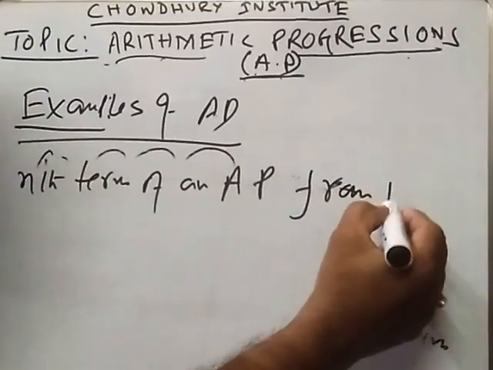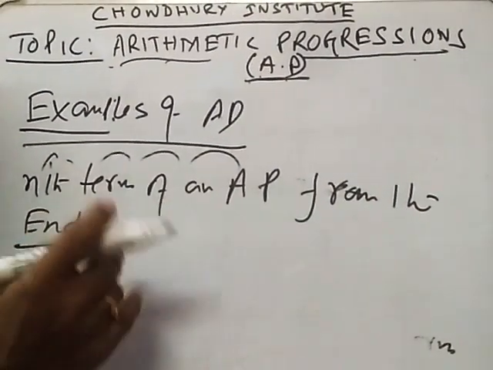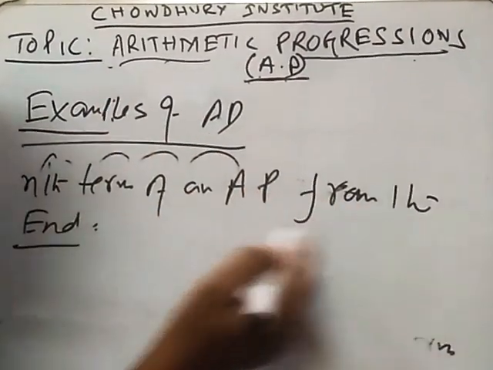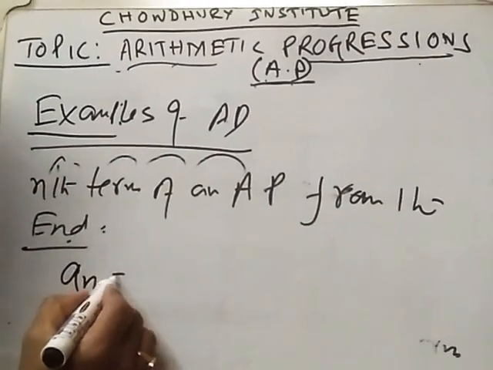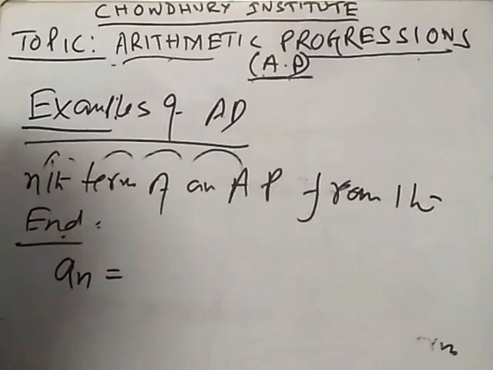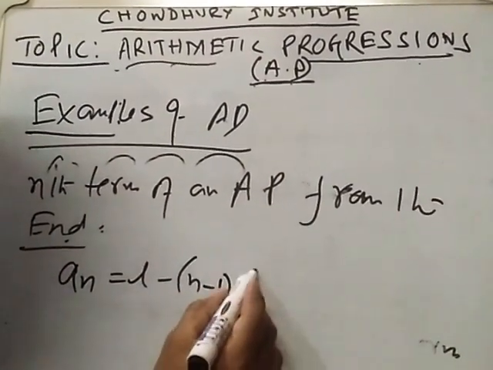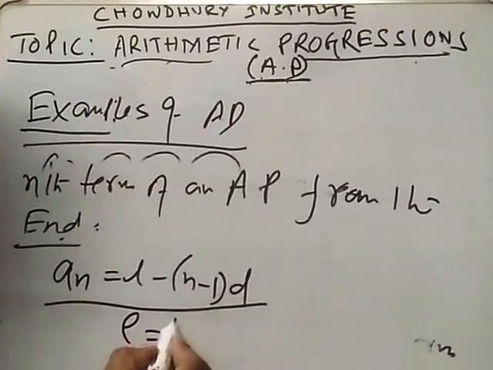From the end, try to understand from the end. We have just written the formula for the nth term from the first. Now I am writing from the end. n equals L minus (n minus 1) into d, where L is called the last term.